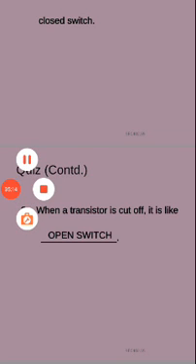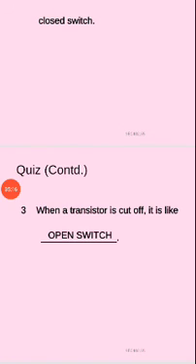So in today's class we discussed the basics of astable multivibrator, monostable multivibrator, bistable multivibrator, and transistor as a switch, and some quiz points.